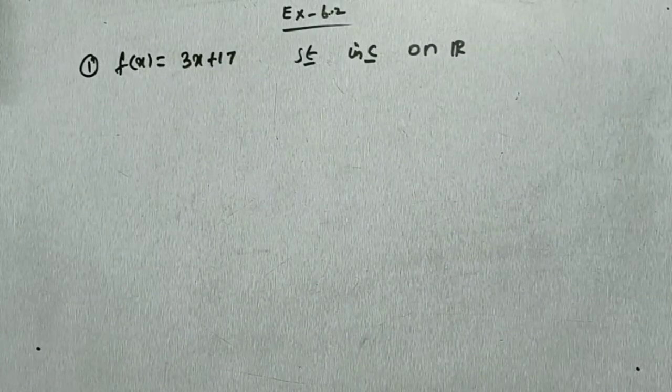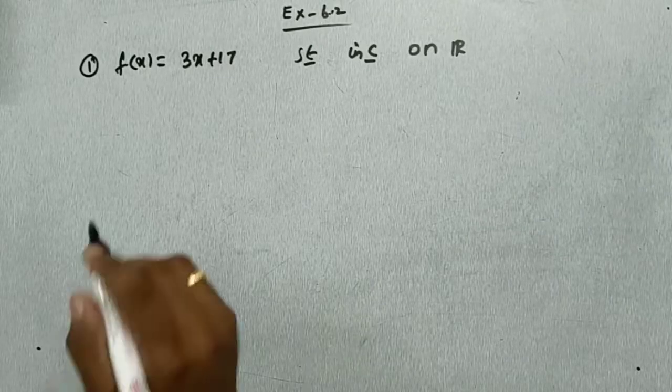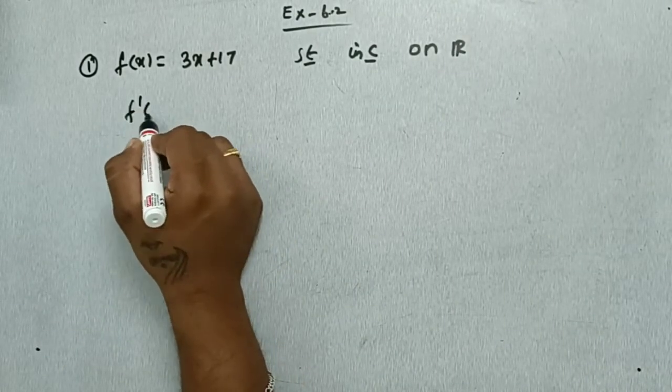So we will use theorem 1 now. What is theorem 1? If f dash of x is greater than 0, we can say that f is an increasing function. So I am going to use that now. What is the value of f dash of x?